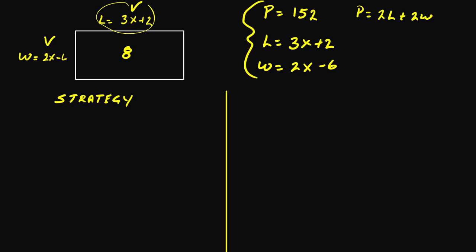All of this up here is called a system of equations. And we'll use all of that together to solve first for x, and then we'll take whatever value of x we got and put back into the equations for length and width. So here's the strategy.